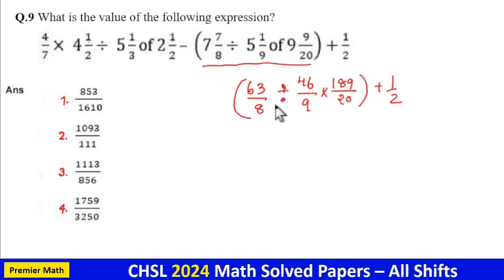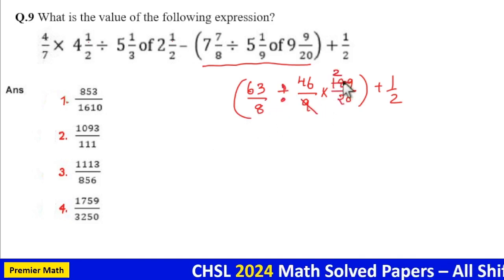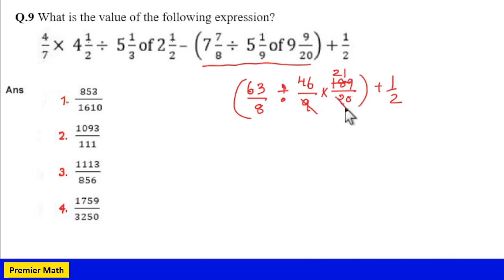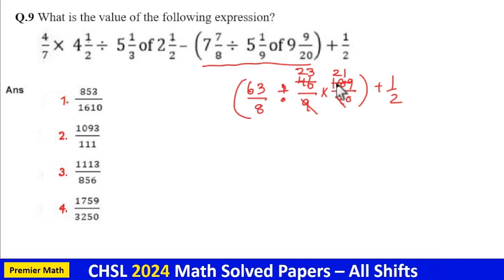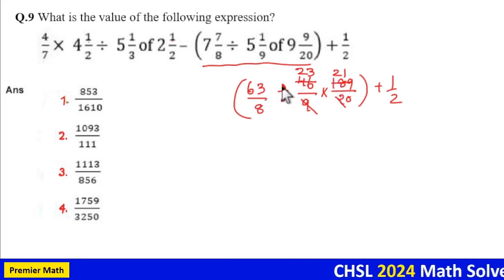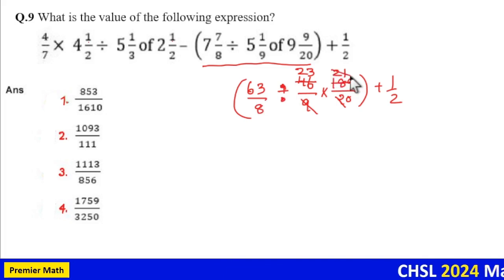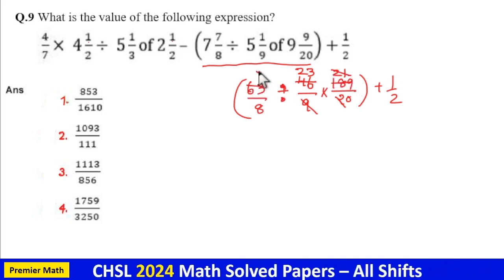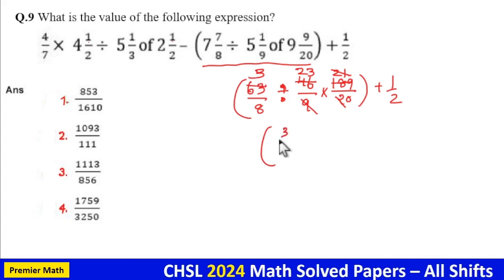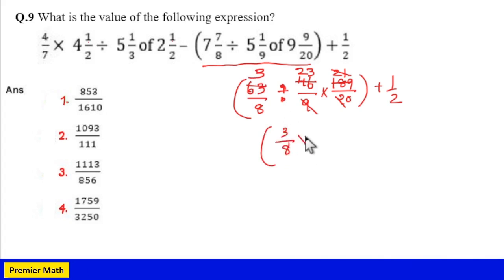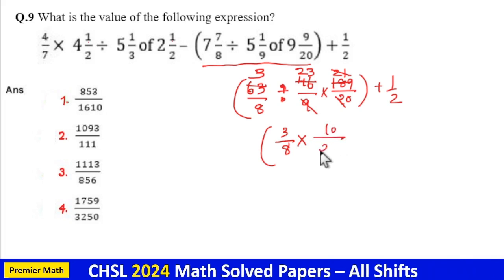Now if you solve, here 9 goes 2 times in 180, 9 goes 1 time in 9. 2 goes 23 times in 46. Now you can solve, this is division but you can solve it from here. 21 goes 3 times in 63. Now this will become 3 by 8, division I will write it as into, then into 10 by 23.